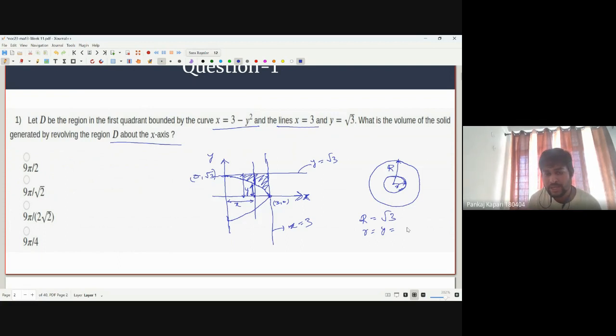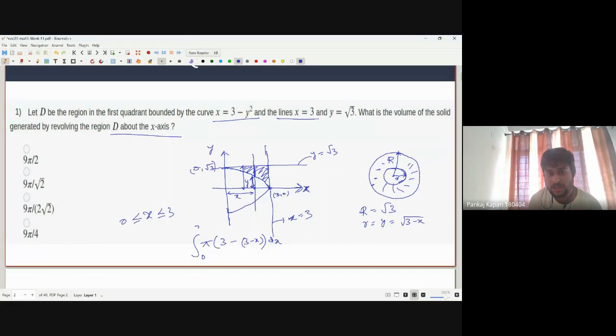So what will be the area of this annular region, or the washer? The area will be pi times the outer radius square, which will be 3, minus the inner radius square, which will be 3 minus x. Then you integrate between 0 to 3. This is one method to find the volume.